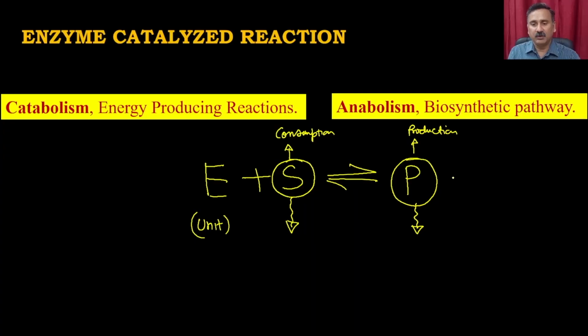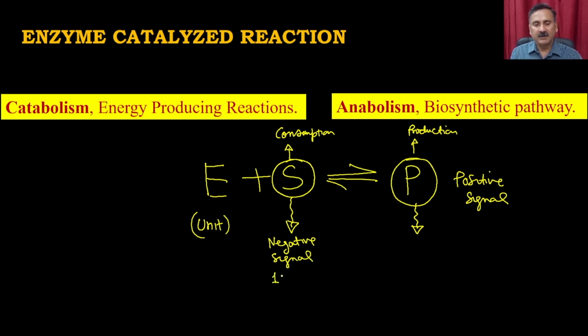The appearance of the product gives you a positive signal, which means you see an increase in some value. Whereas the disappearance of the substrate gives you a negative signal.